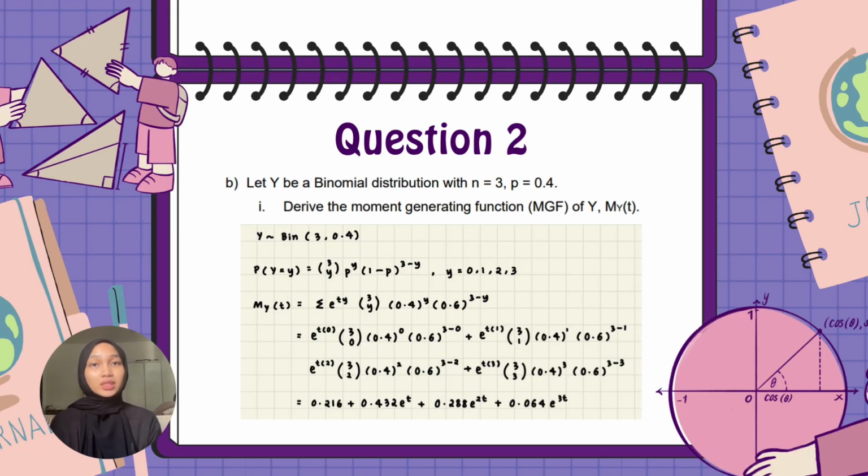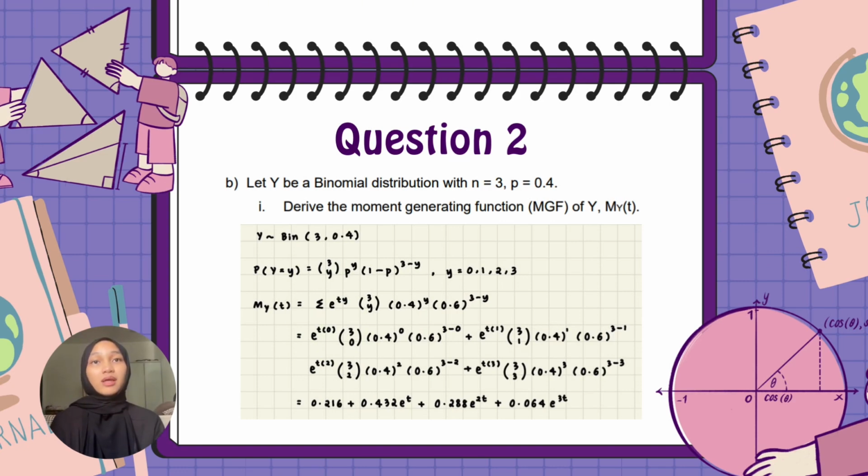So first of all, we need to write it in binomial form. Y is binomial 3, 0.4, because we know that n equals 3 and p is equal to 0.4. Next, the function of binomial is 3 choose y, p to the power of y, and in the bracket 1 minus p to the power of 3 minus y. And we know that the value of y is 0, 1, 2, 3 because n is equal to 3.